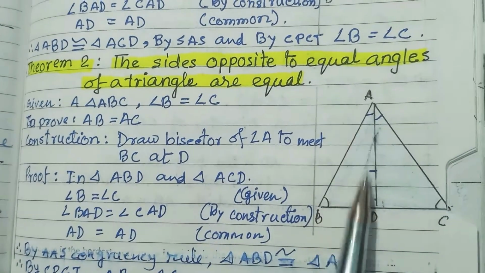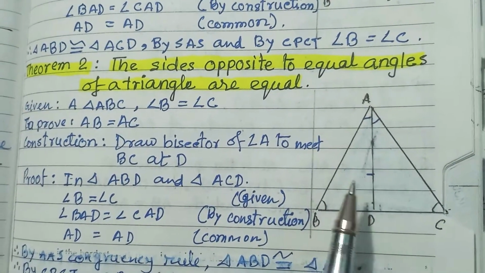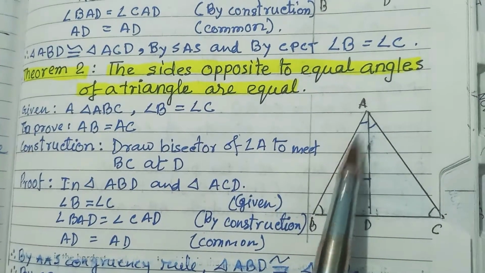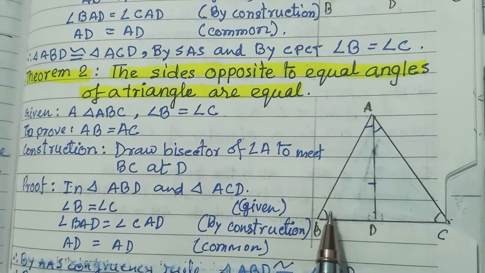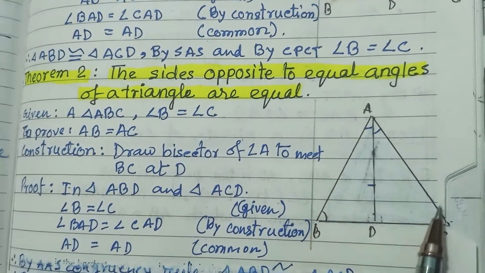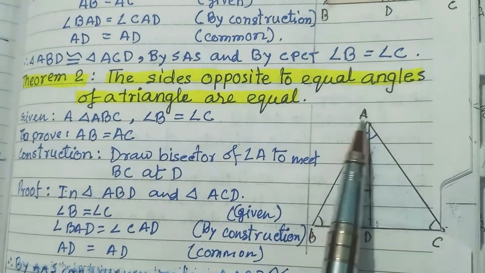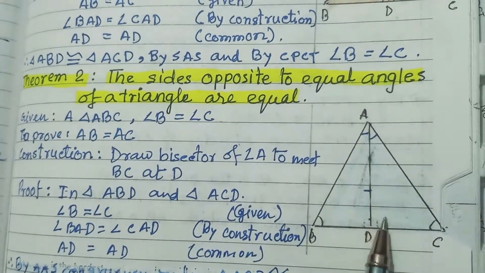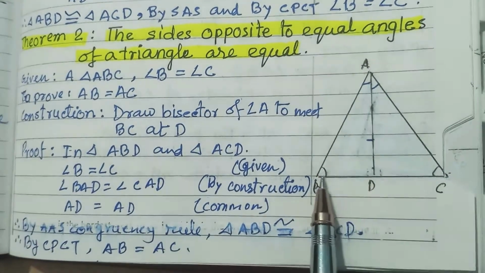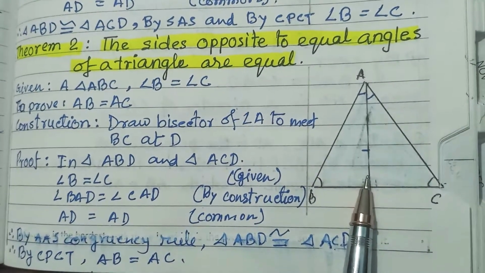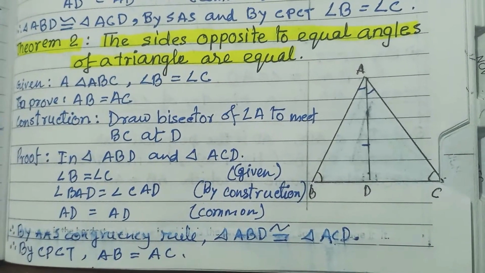Again construct AD, which is the bisector of angle A. Now in these two triangles, angle B equals angle C, given, angle BAD equals angle CAD, and AD is the common side. Therefore, by the angle, side congruency rule, these two triangles are congruent. Therefore, by CPCT, AB is equal to AC.